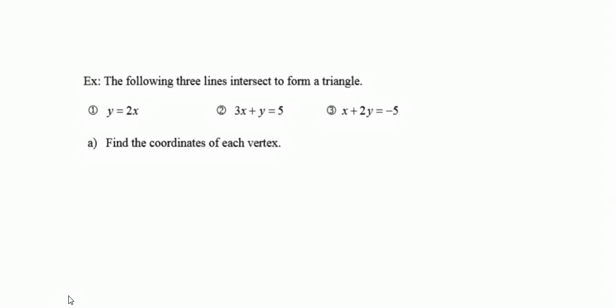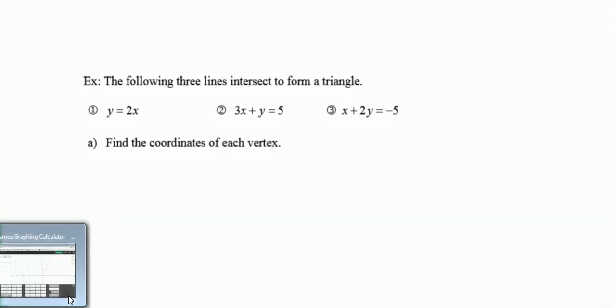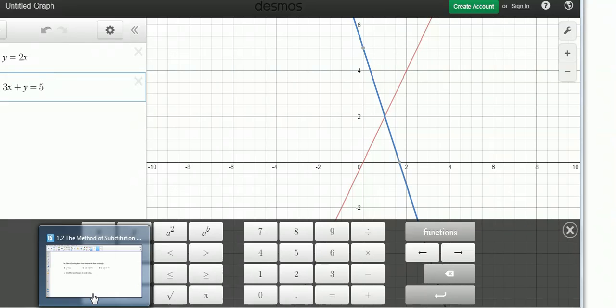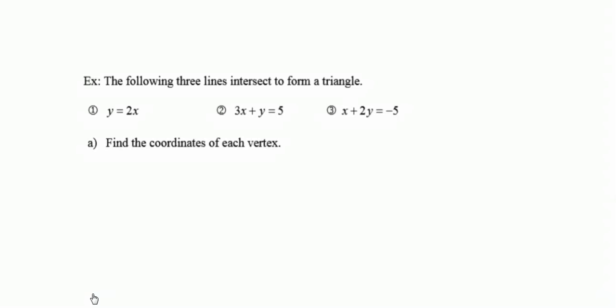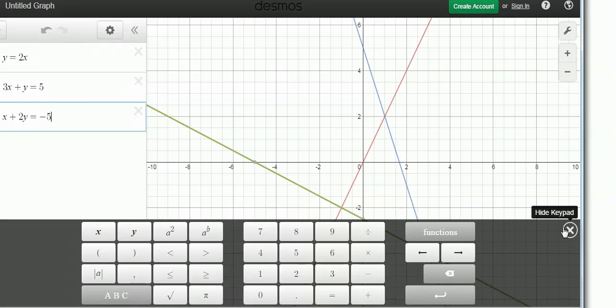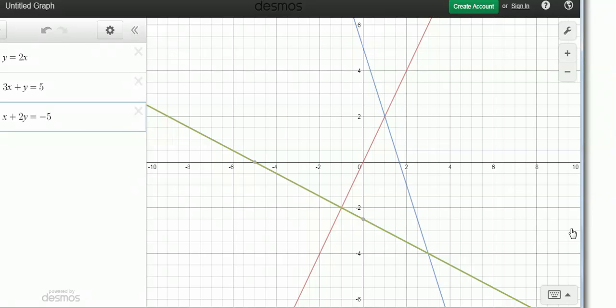We've got 3x plus y equals 5. And we've got x plus 2y equals negative 5. Oopsie. Equals negative 5. Okay, so I'm just going to close this off so we can see our triangle better. But there we are. We have the lines intersecting to form this triangle here.